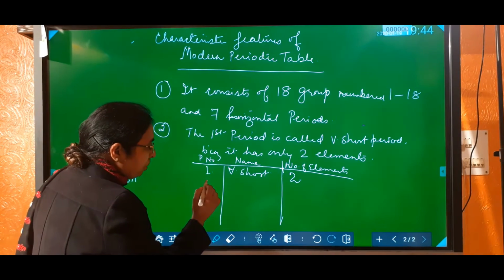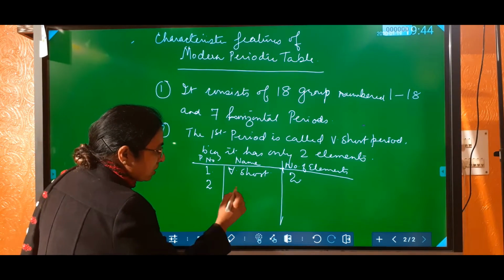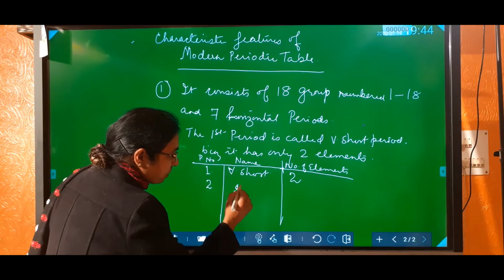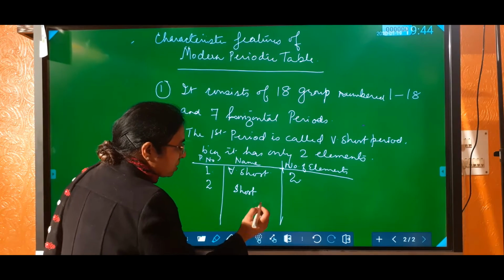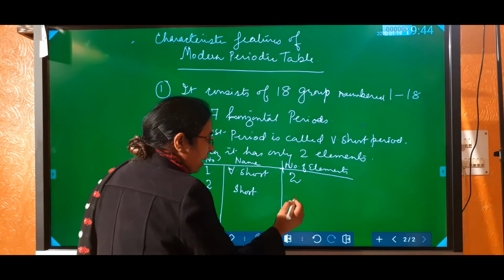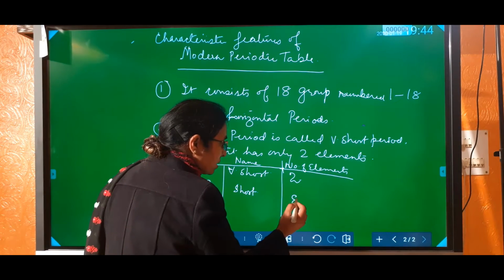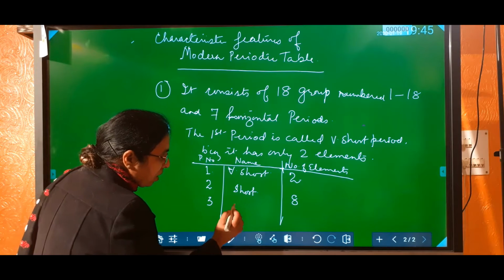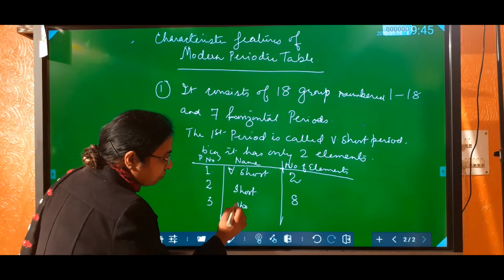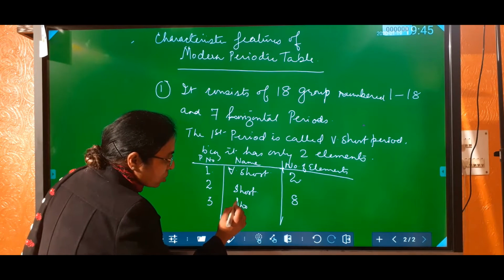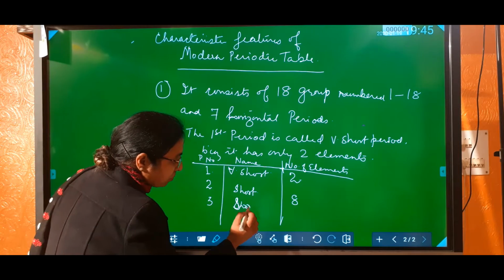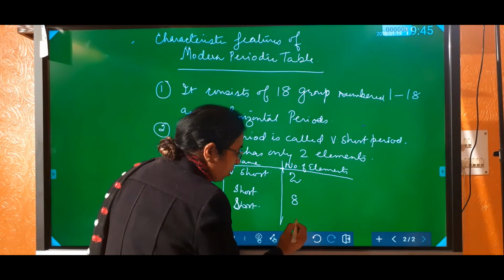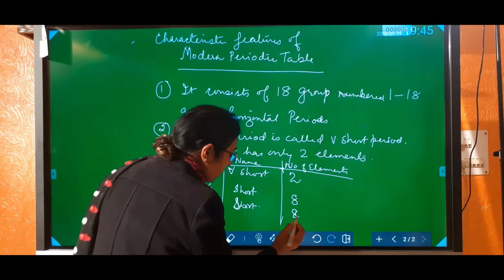Now period number 2 is a short period and the number of elements is 8. Then the third is again a short period, and the number of elements is 8 over here.